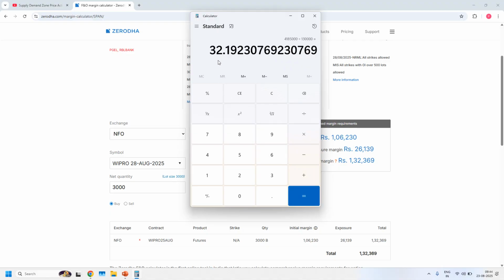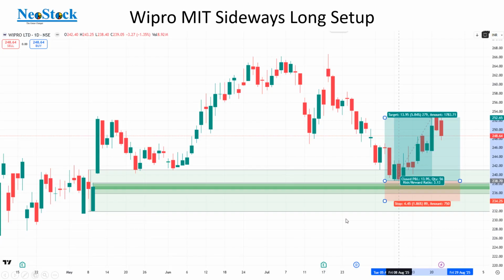You would have got 32% profit in just 8 trading sessions. So this is how the setups work when you plan properly, when you do proper analysis.